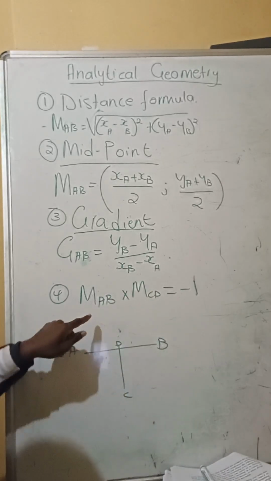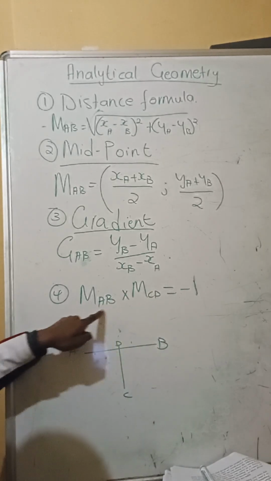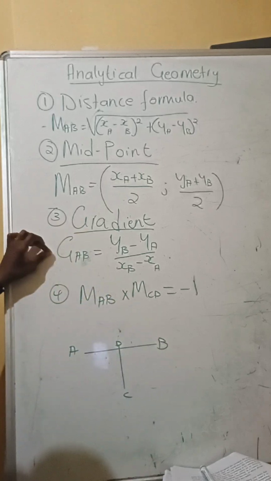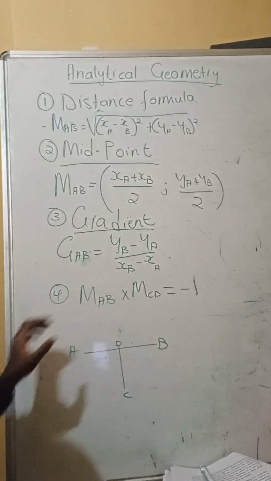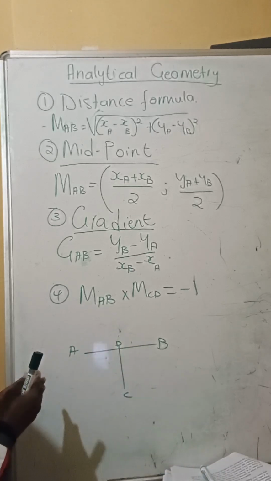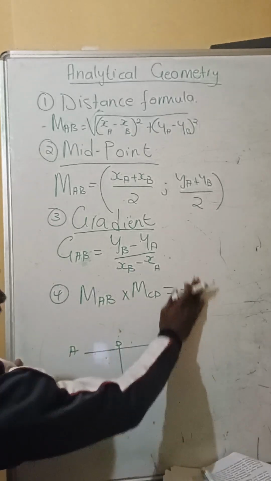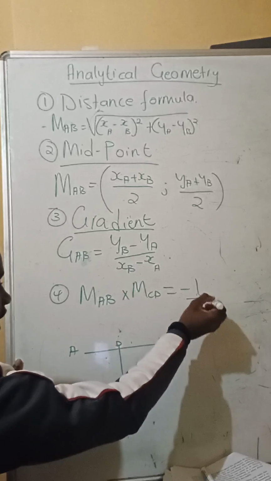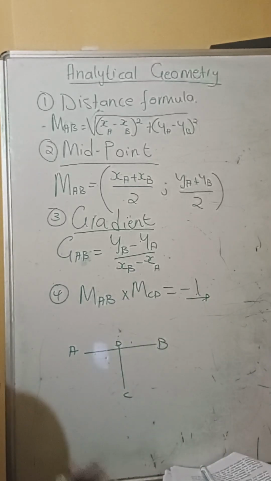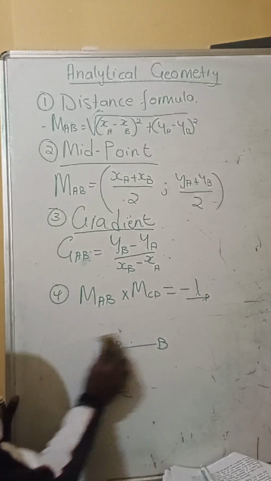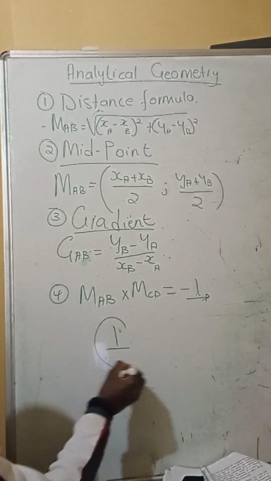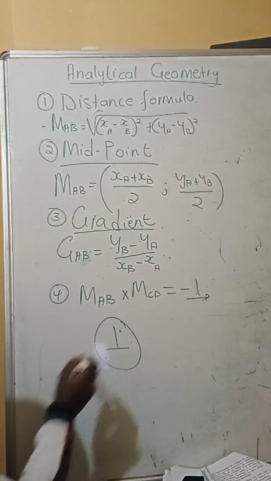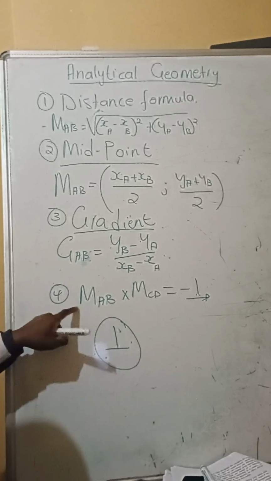It means you must first find the gradient of line AB using this formula, and then find the gradient of line DC using this formula. Then you multiply both of the gradients, and it is a must that they give you -1. Sometimes they might not use the words prove that the lines are perpendicular, but if you see this sign or anything that has to do with perpendicular, you use this formula.